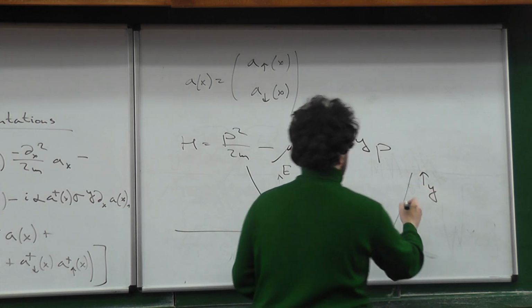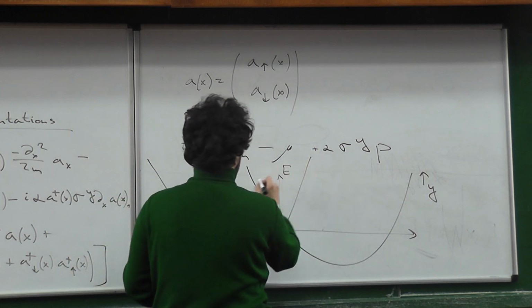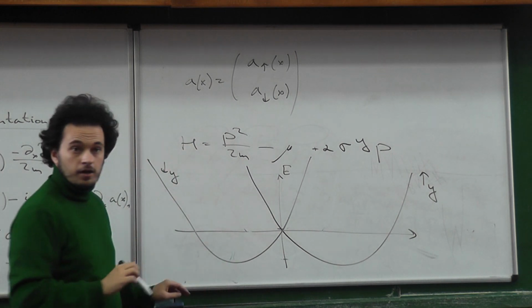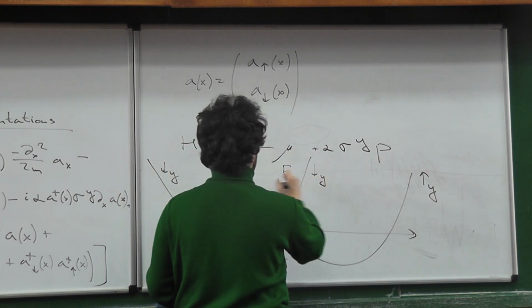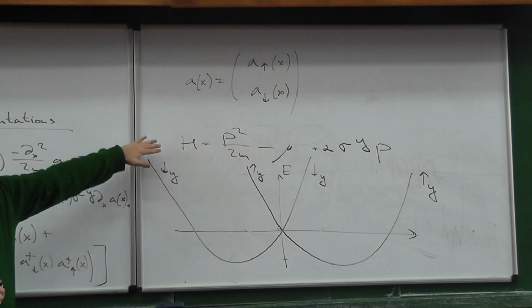So spin up y is going to be here. Spin down y is going to be here. This is again down y, this is up y. So which one is higher?